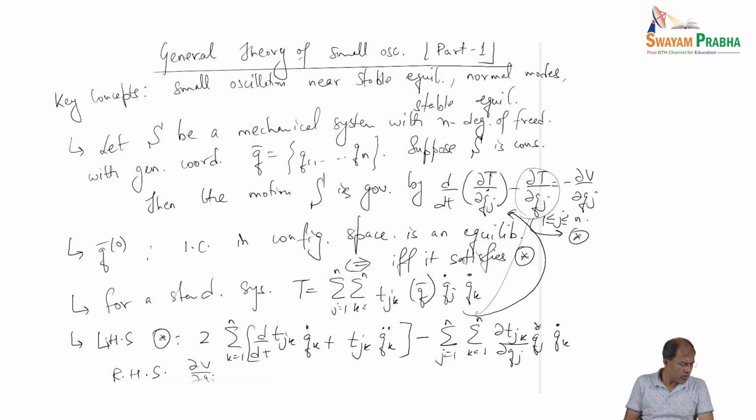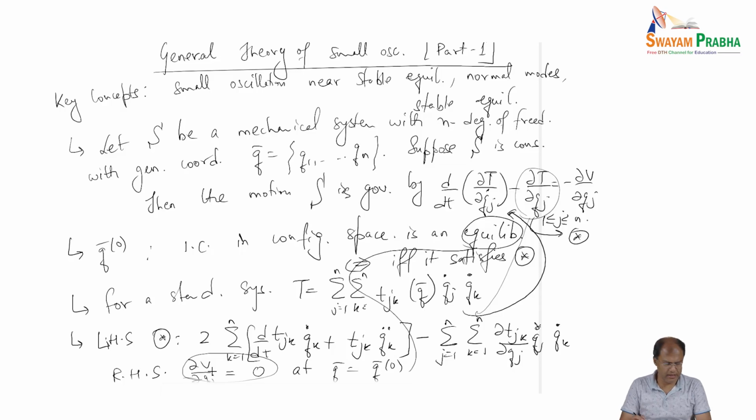And now what we have is that this is going to be 0, because this is at our initial configuration q0, and q0 is an equilibrium configuration, and in an equilibrium configuration the potential is stationary.